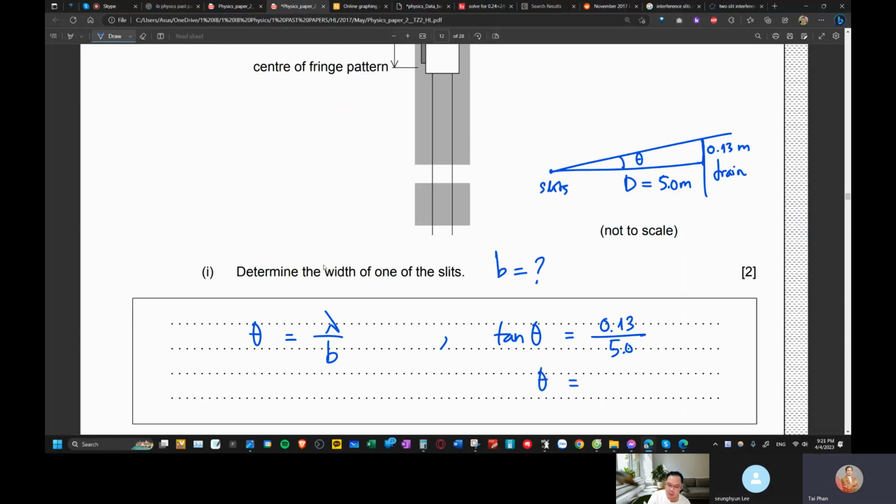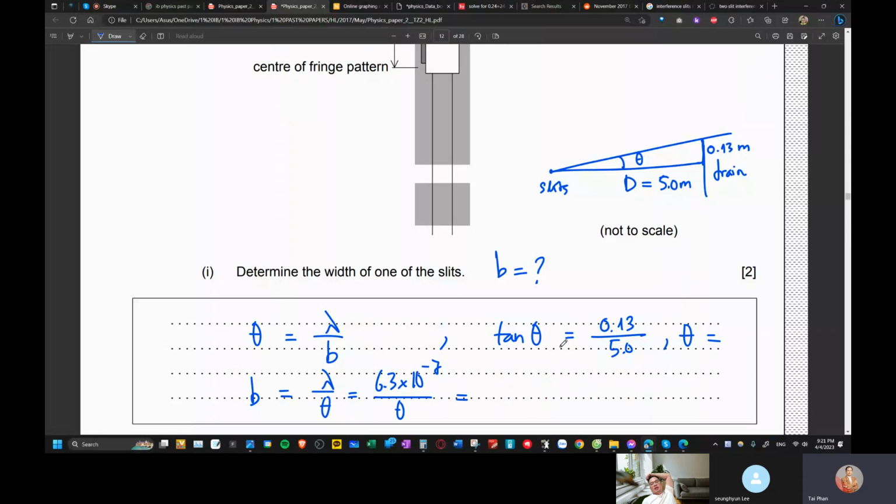So theta equals something, and then from this you can determine b, which is lambda over theta. Lambda is 6.3 times 10 to the negative 7 meter. Divide by that theta, you get a final result. Please do the calculation for me.